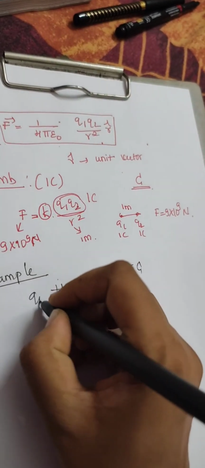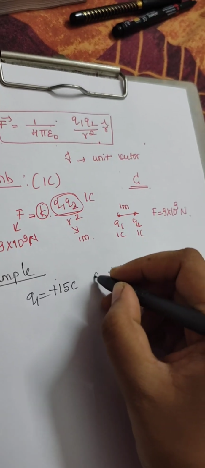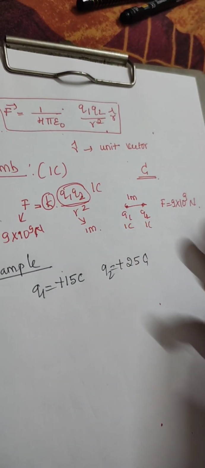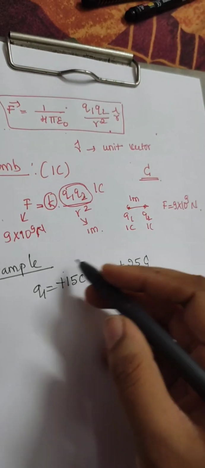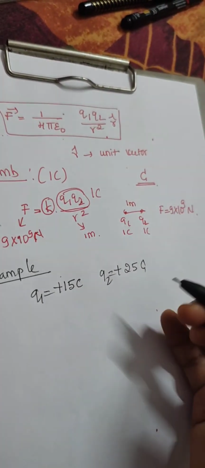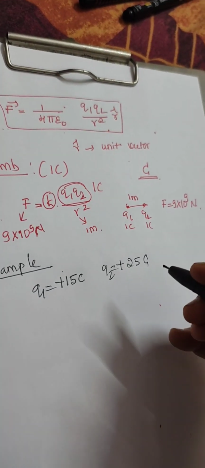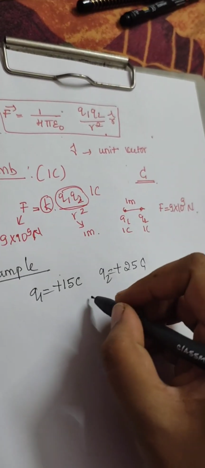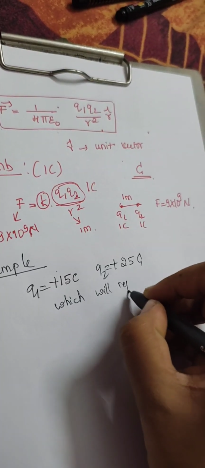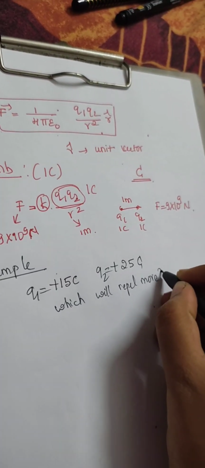Okay, there are two charges, Q1 is 15 coulomb, Q2 is 25 coulomb, or 5 coulomb or 10 coulomb, you can also consider. If both are plus, obviously they will repel. Which will repel more? If they ask you like this, what is the answer?